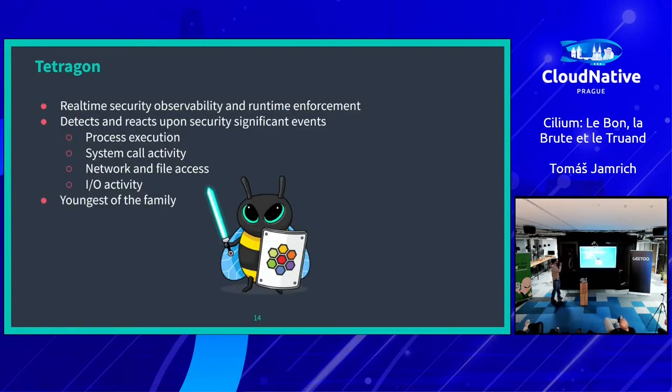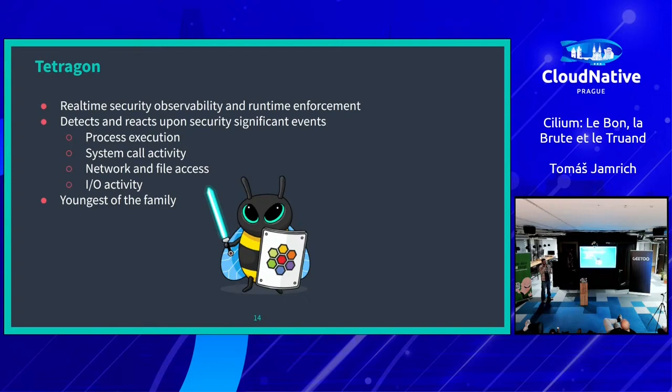Okie dokie. Tetragon, as I already told you, is the youngest member of the family. It's just a few months since they released their 1.0 version. It's quite young, but again, a quickly developing tool. The tool is designed to act upon security significant events.